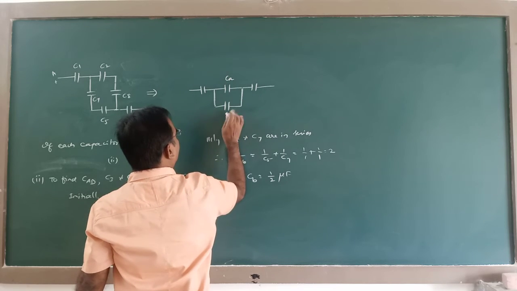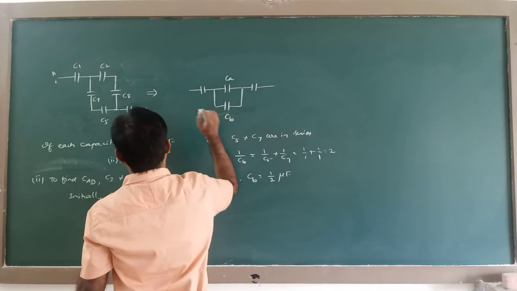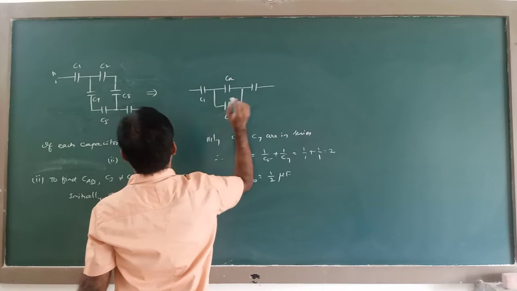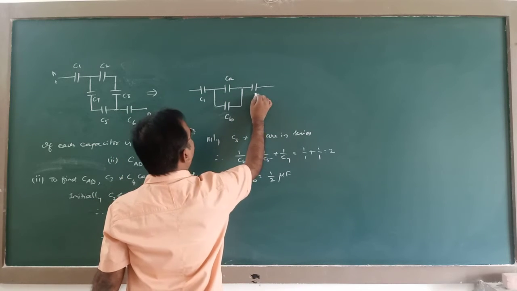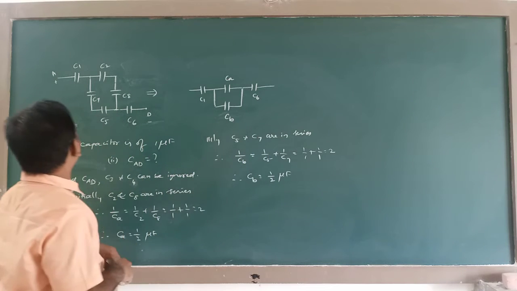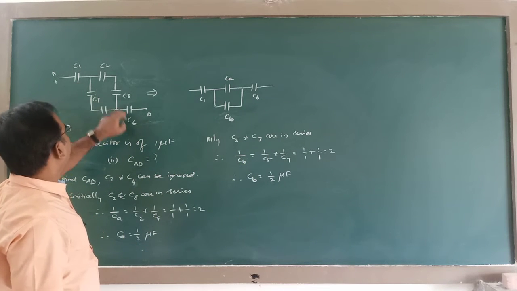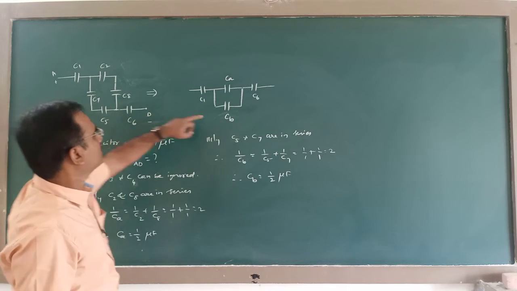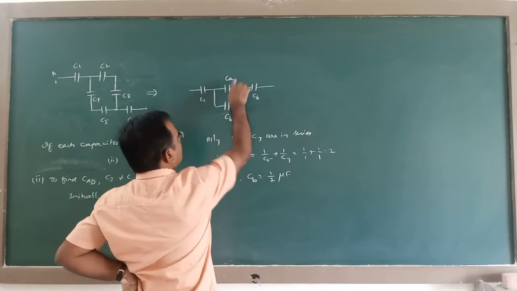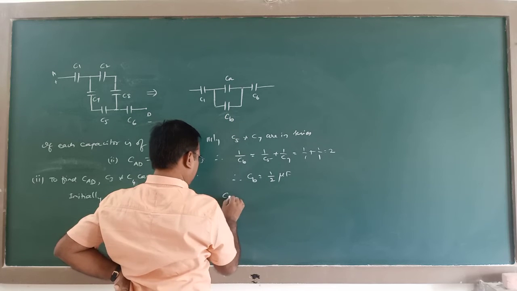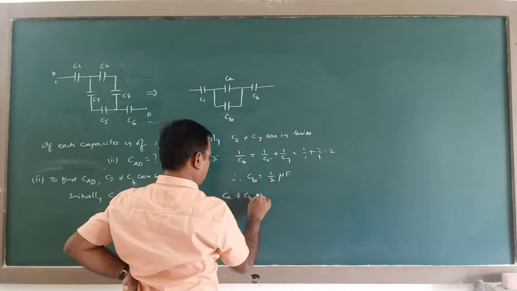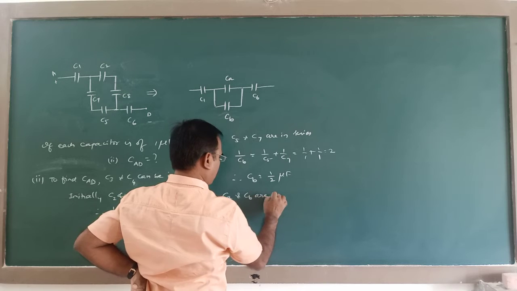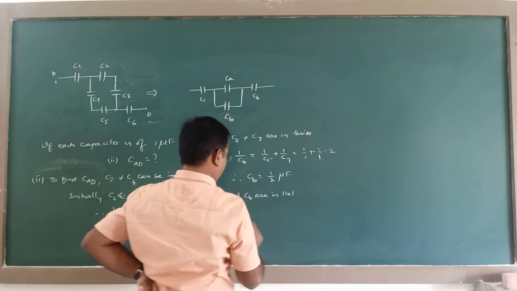CA, CB, C1, C6. So this is one capacitor, this is another capacitor. The effective capacitance of these 2 is CA and effective capacitance of these 2 is CB. Now the CA and CB are in parallel.